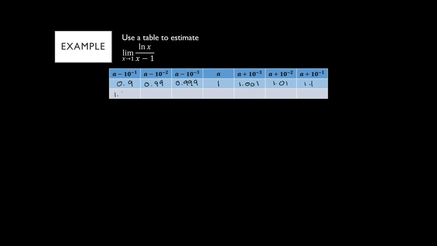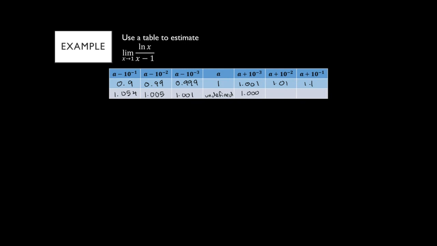So we've got 1.054, 1.005, 0.001, undefined. This one actually rounds to 1 when you round it to 3 places.